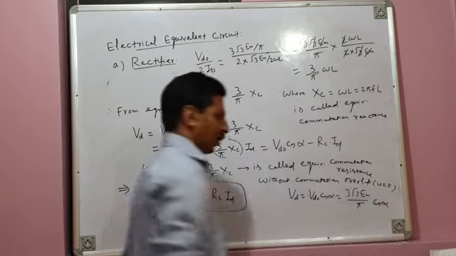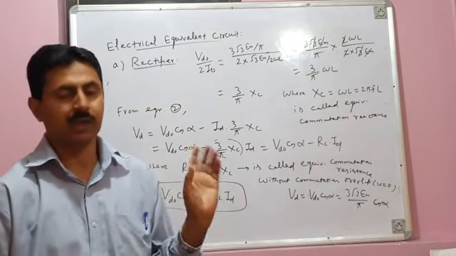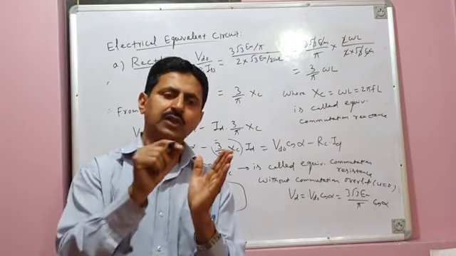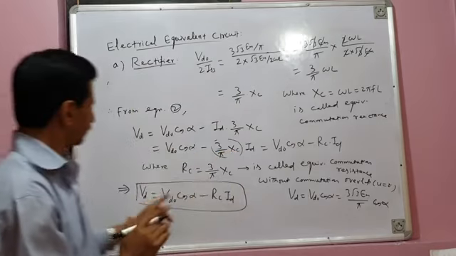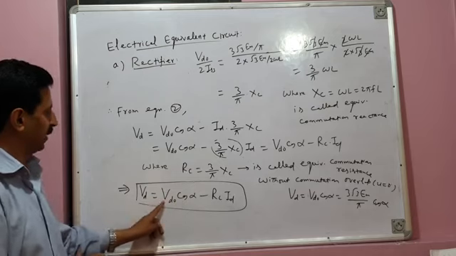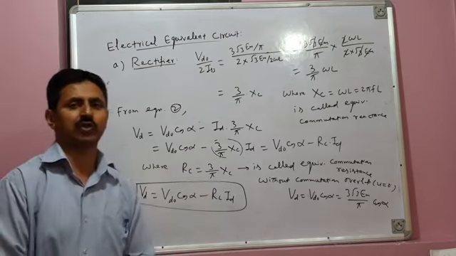This is already known to us for two valve conduction. But with commutation overlap and in mode 1, that is U less than 60 degrees, my converter average output voltage is not Vd naught cos alpha, it is Vd naught cos alpha minus Rc into Id.